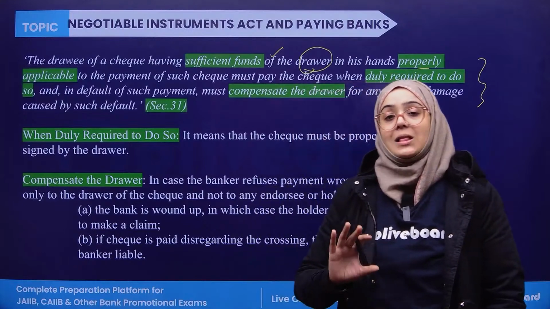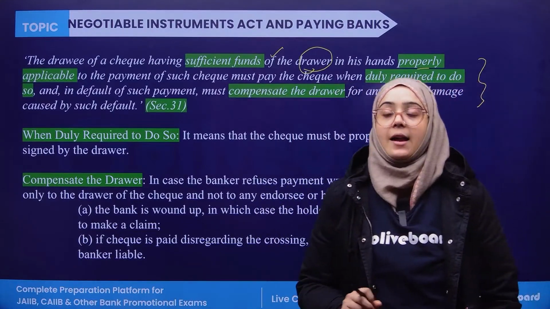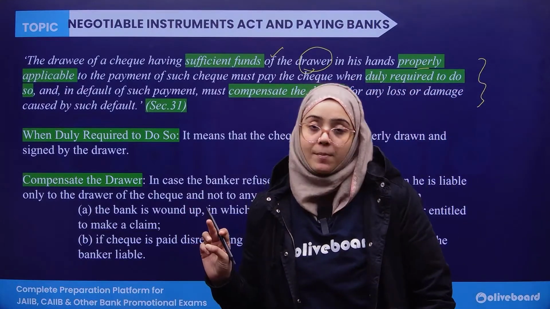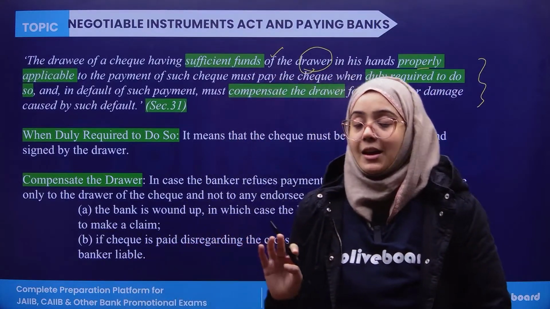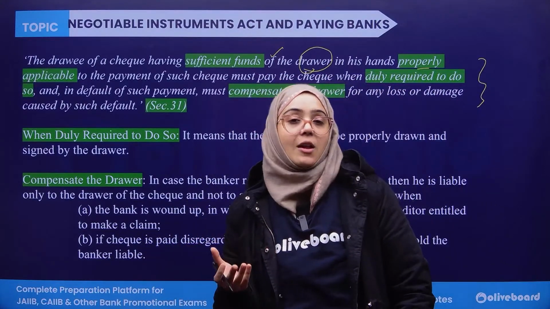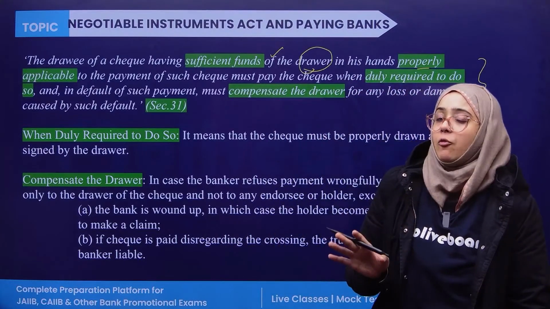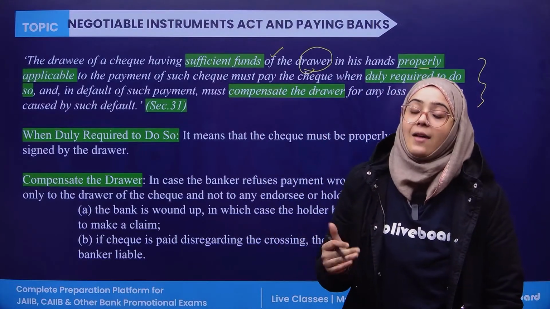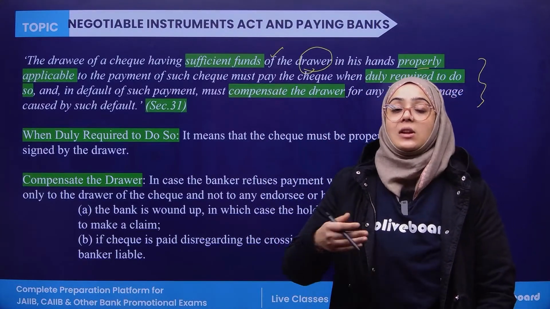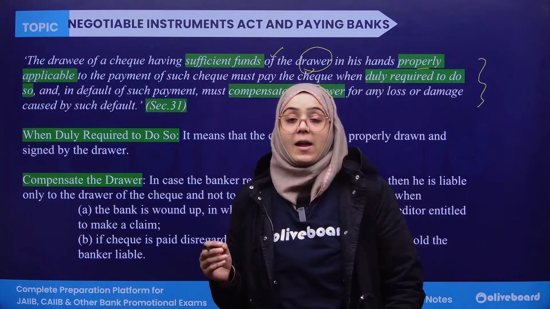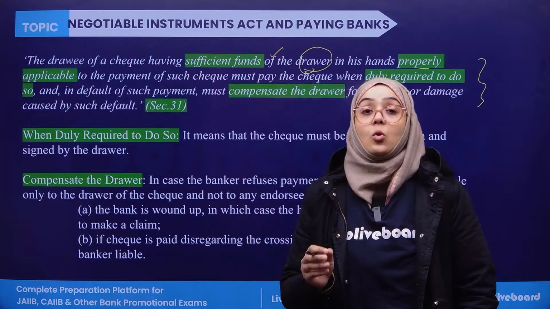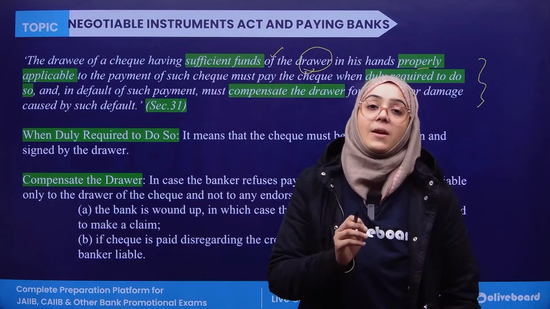If all things are available, it means the drawee has sufficient balance properly available. It means that it is not present in any investment or FD form. It is properly available for payment. And third, the drawer has actually signed and made the check clearly without any negligence. Now, it is the duty of the drawee to clear and make payment of that check.